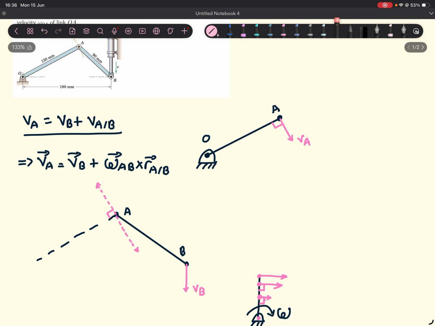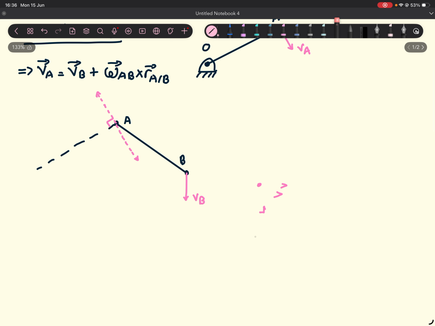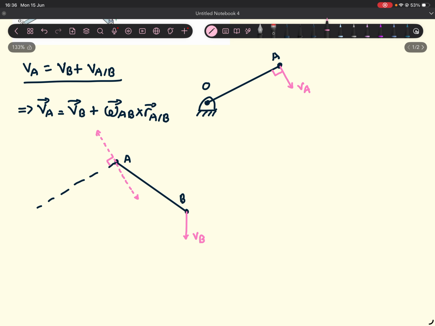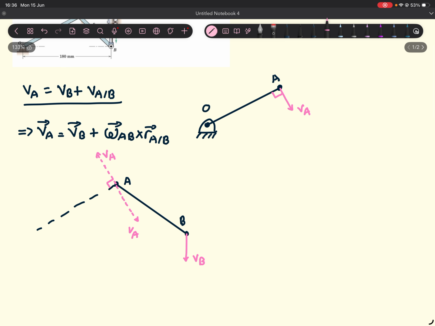So what we do is we say, okay, VA could either go up or it could go down. The only rule that we have to obey is that it must be perpendicular to OA, right?